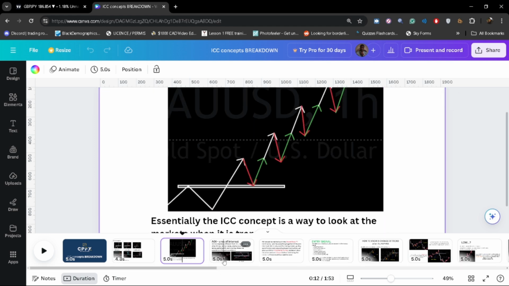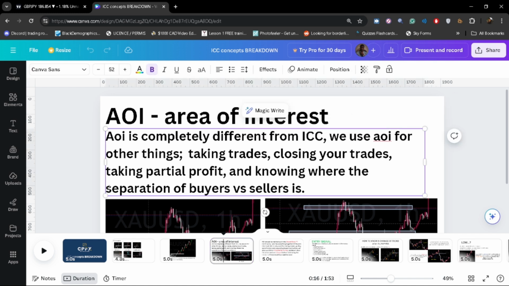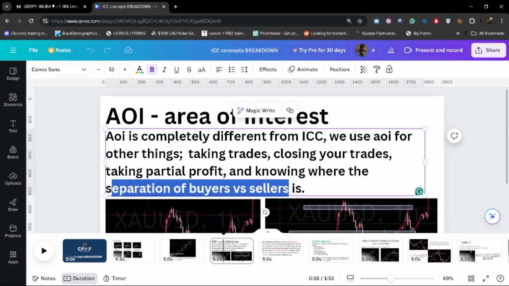So guys, now the next thing you have to learn is going to be the area of interest. Basically, the area of interest is where the separation of buyers and sellers are.